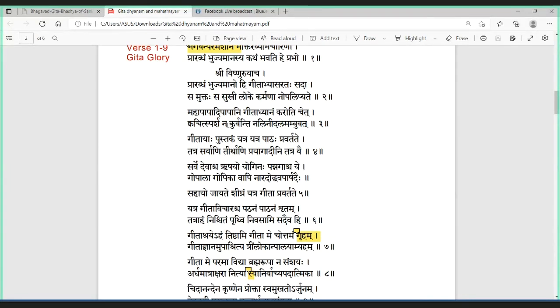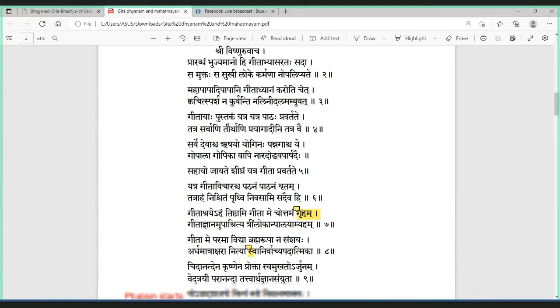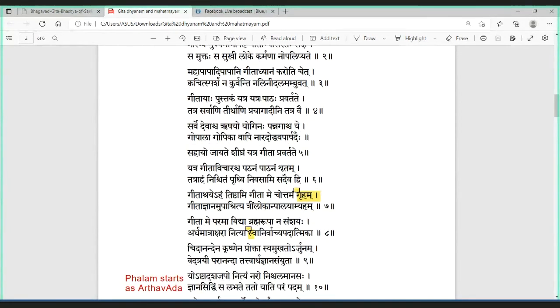If Gita dhyanam karoti chet, if he does Gita dhyanam, then Gitayah pustakam yatra pathav pravartate tatra sarvani tirthani prayagadini tatra vai. Wherever there is even a Gita book in a house. In the olden days, at least, gifts were always given in the form of spiritual literature to each other.